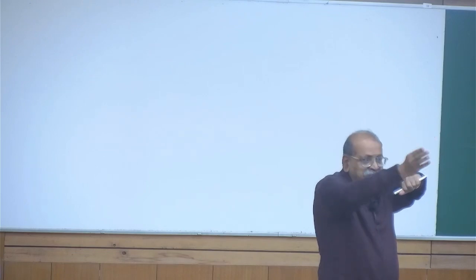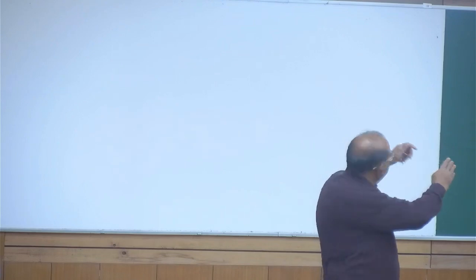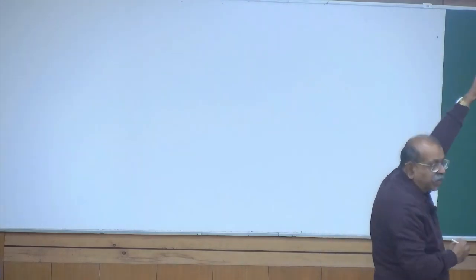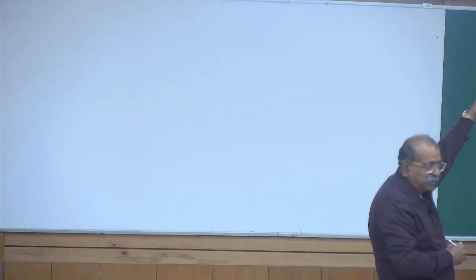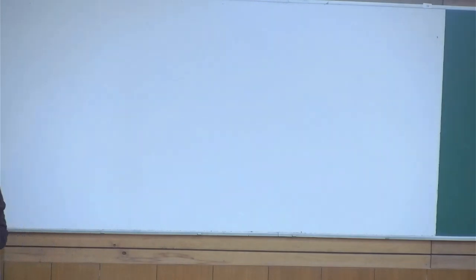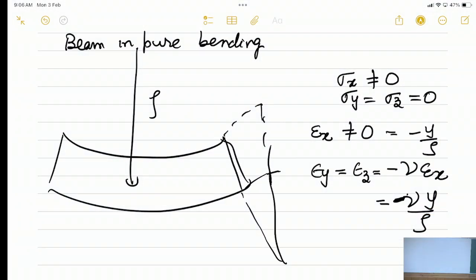So, there will be a second curvature in the beam, with another center of curvature here, C prime, which is below the beam, which tells us how much the beam is curving in the z direction.